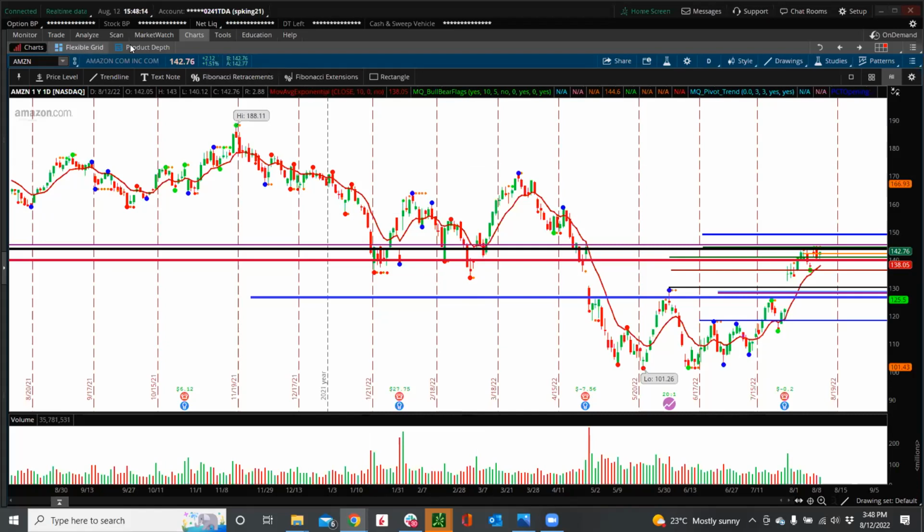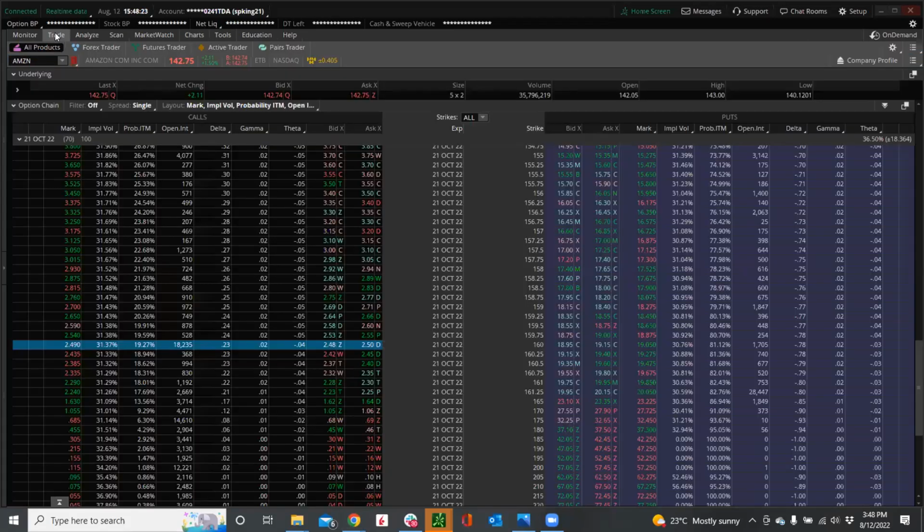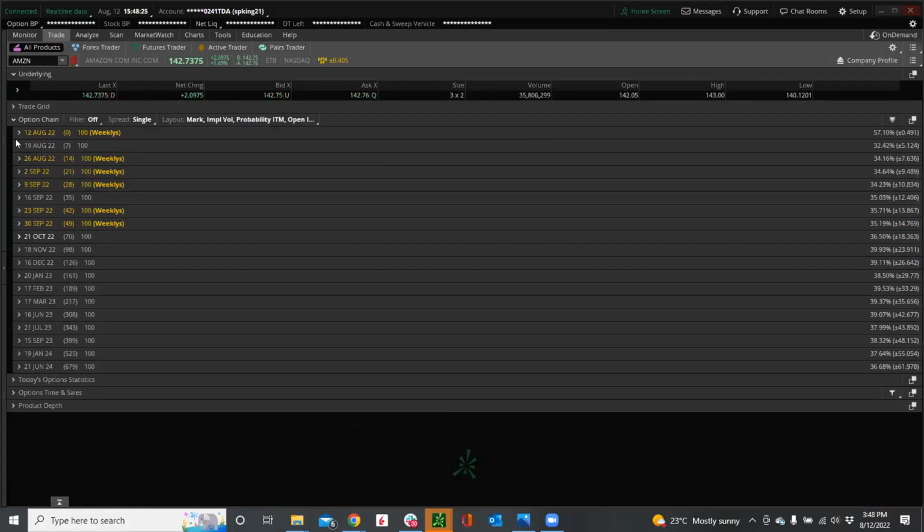So if you go up here and click trade, for anybody who's not familiar with Thinkorswim, this is the option chain. We're looking at Amazon, and here's the option chain for Amazon. These are all the expiration dates.